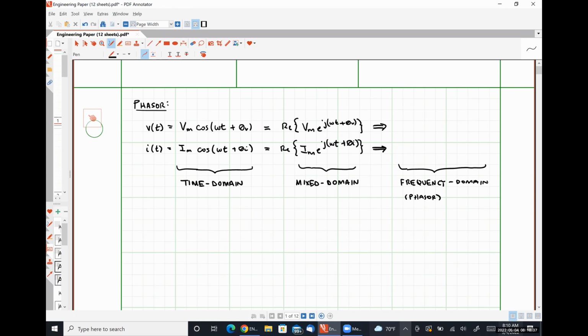All right, so our frequency domain representation of a voltage is going to be V with a bar over it, which represents a voltage that is a complex number. And the only two pieces of information that this phasor representation will have is a magnitude and a phase angle.